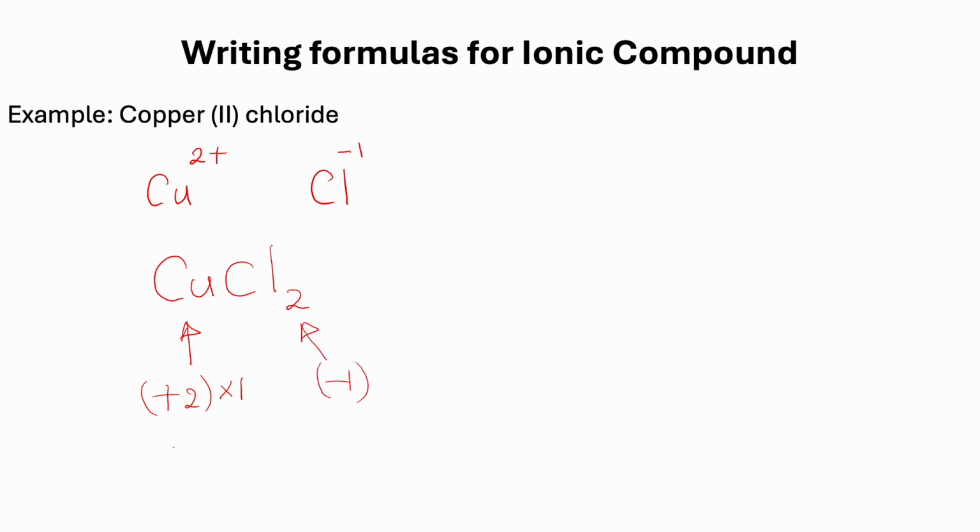To balance the total positive charges here, you should have 2 negative charges. Therefore, you have to add 2 chloride ions. So it gives you 2 negative, which balance out and the total charge is 0. So formula for copper 2 chloride is CuCl2.